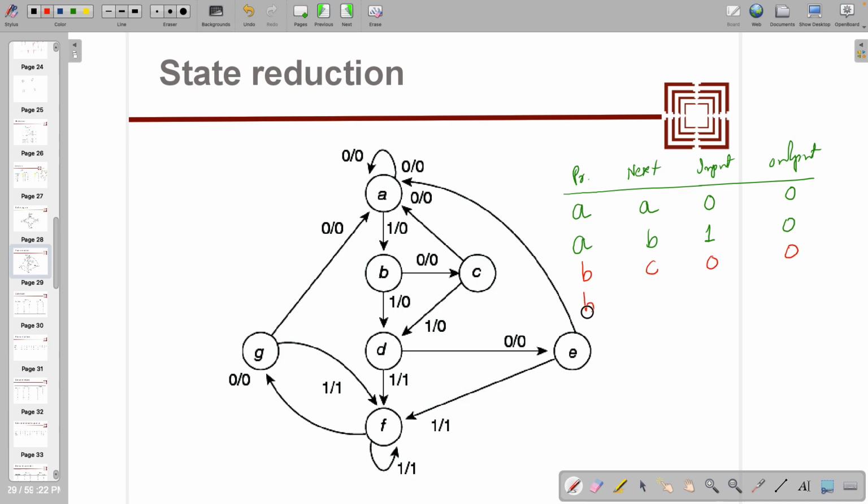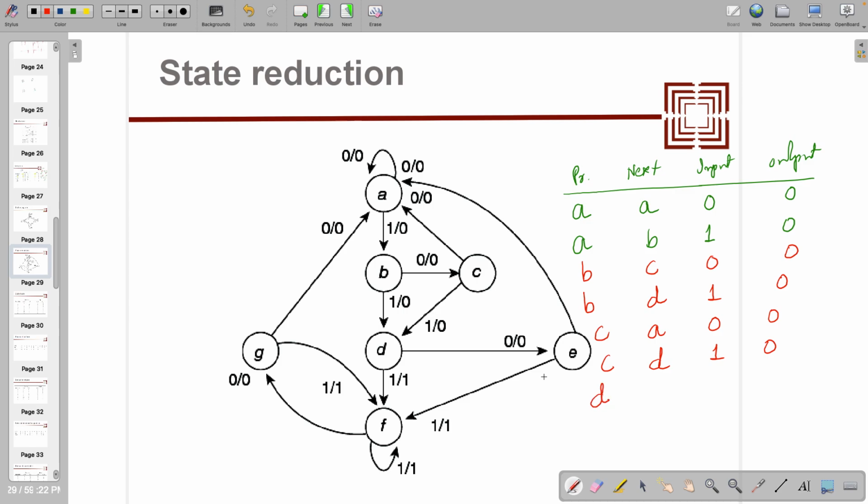When present state is B, next state is D, input 1, output 0, right? Let's go to C state. So C, next state is A, 0, 0. Present state is C, next state is D, 1, 0, right?